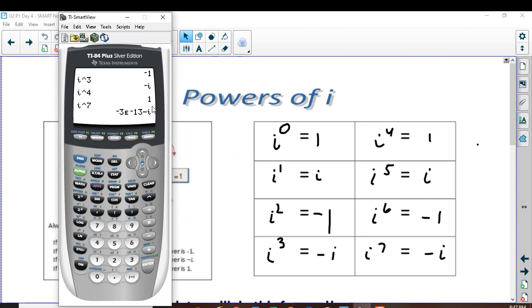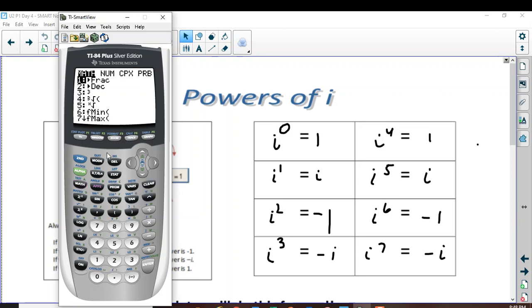But if that's messing you up, what you can do is go math, and then arrow over to num, and then go to i part, which is 3, and then you type in the i to the 7th. Is it not letting me go? Okay, I'll just type it in again.